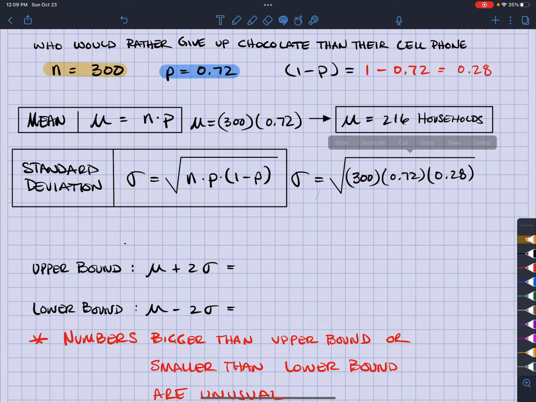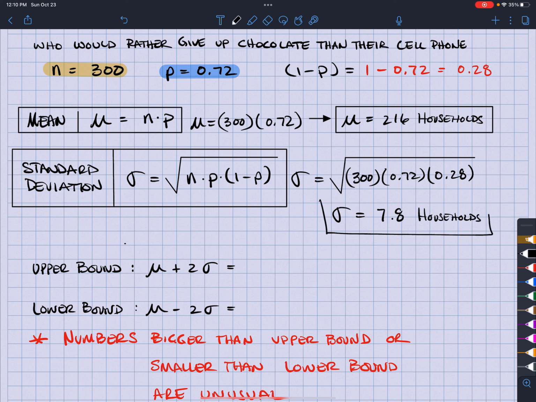And that, ladies and gentlemen, is going to come out to be 7.8 households. There we go. Now, you're going to get questions about whether the data are usual or unusual.